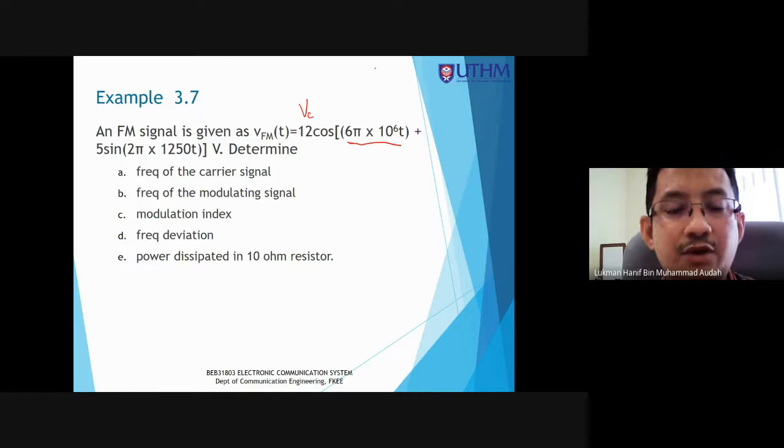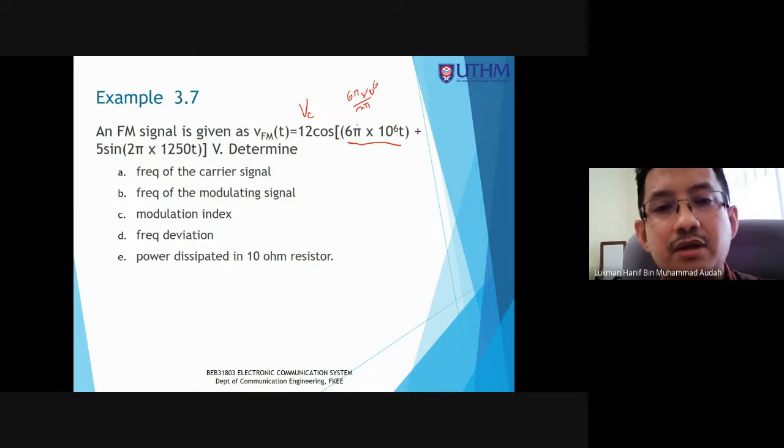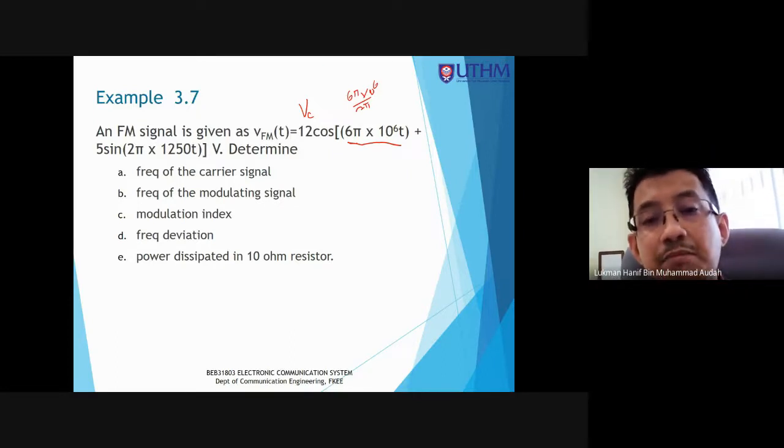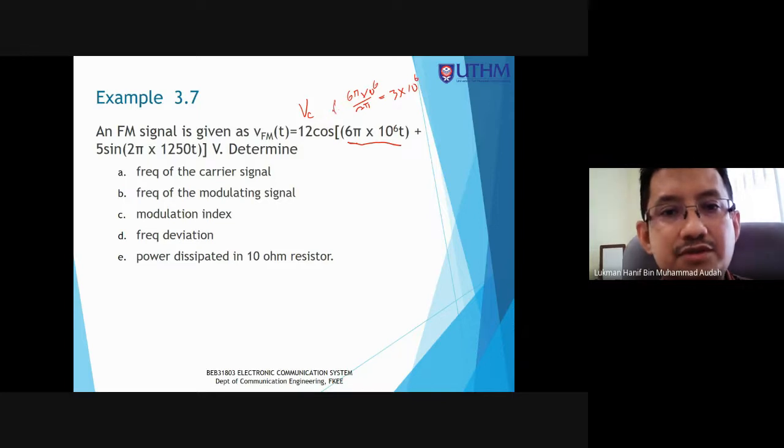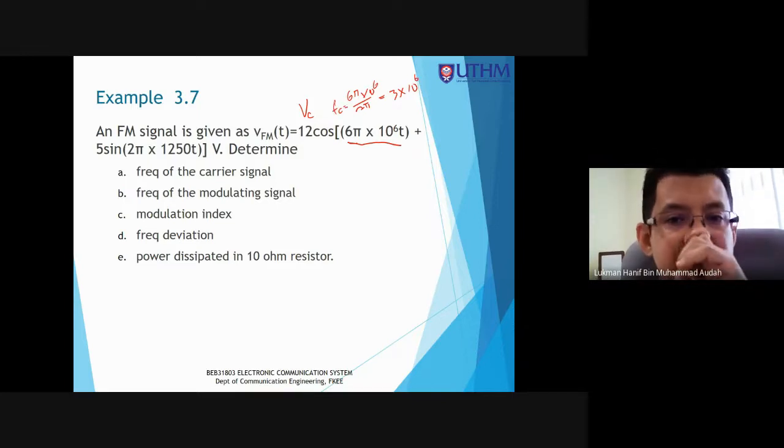I need to divide 6π times 10^6 by 2π, because this is 2π fc t. Ini sebenarnya adalah 2π fc t. So this is equal to 3 times 10^6. So this is actually fc. So fc is 3 megahertz.